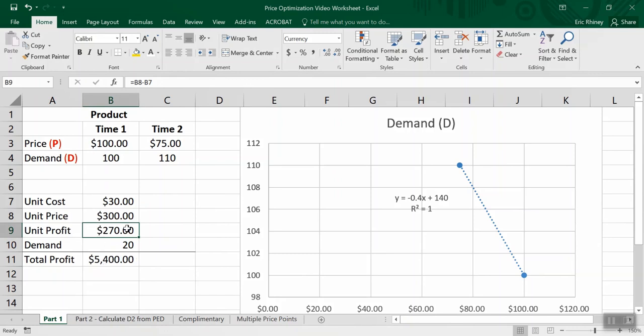So what we want to figure out is, where is that sweet spot in terms of this price point? Where is that optimal price point that helps us to maximize profitability? We can sit here all day long and fiddle around with the price, or we could allow Excel with its analytical tool to do it for us.